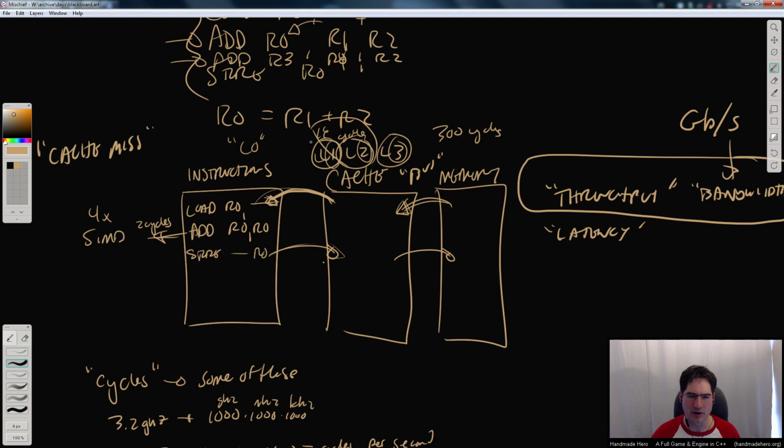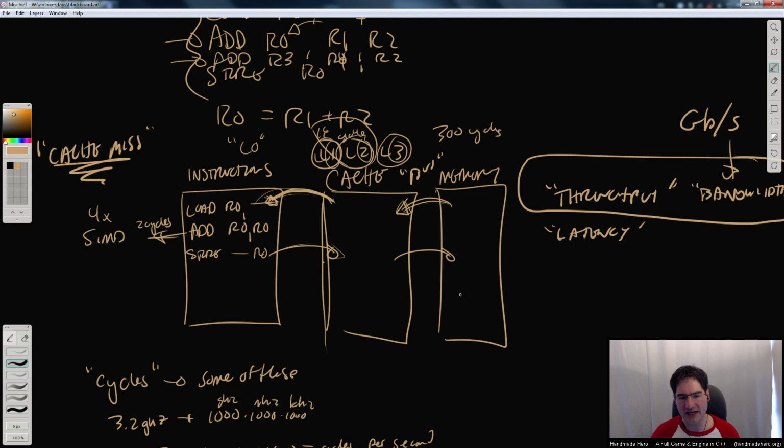I don't know what an L1 is, maybe 2 cycles, I'm not sure. But point being, these caches are way, way faster to fetch from than memory. So if you can write algorithms that tend to work entirely out of things that are in the cache, and do not have to go to main memory, you will not suffer a cache miss. A cache miss is when you ask for something and it's not in the cache, so it has to go to main memory to get it. Your code will run much, much faster because it will never have any of these latency hits.